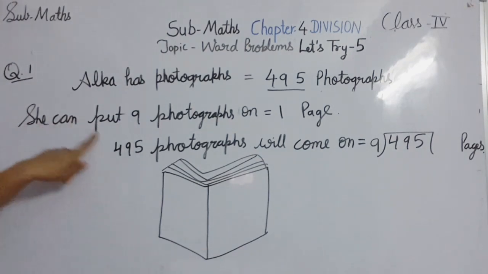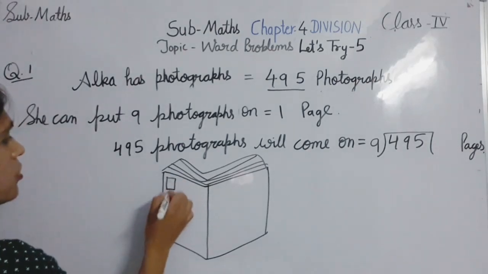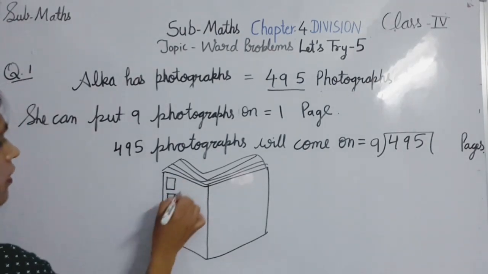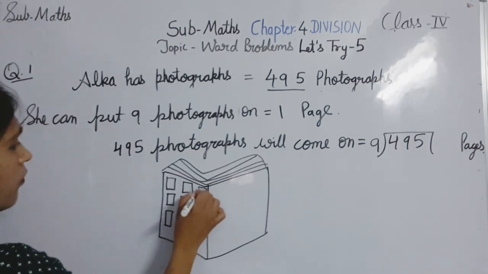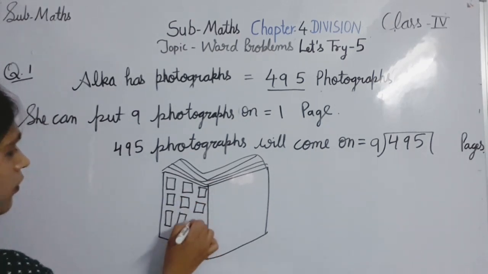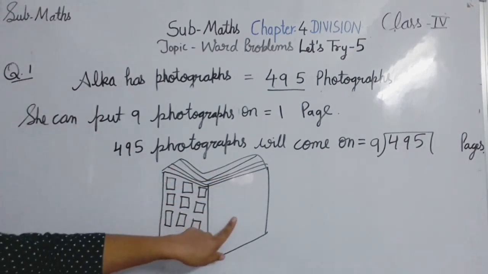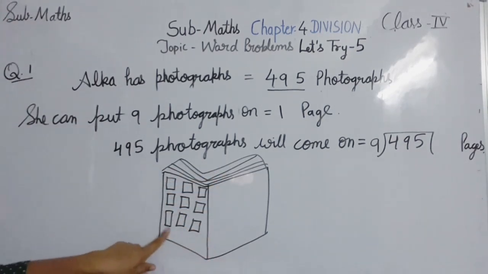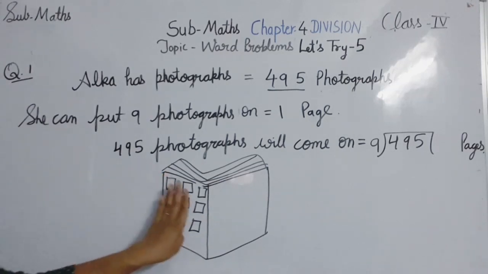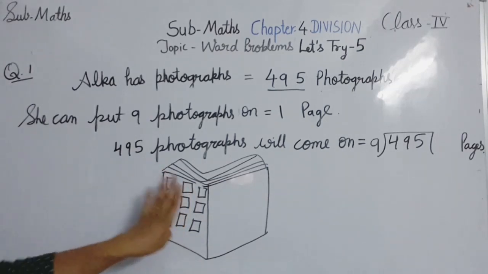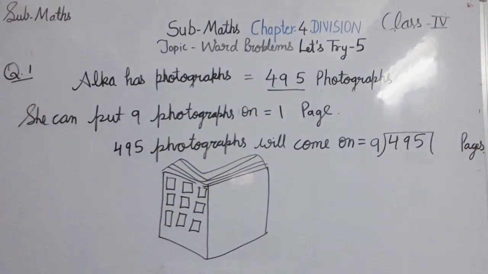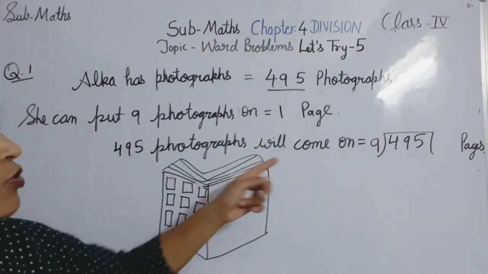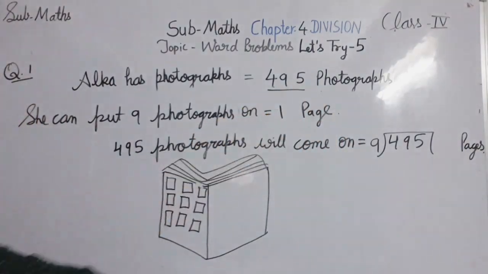She can put 9 photos on one page, only 9 photos on one page. This is the album which Alka has, and this is one page. But she has to put 495 photos. So how many sheets will she use to put 495 photos?